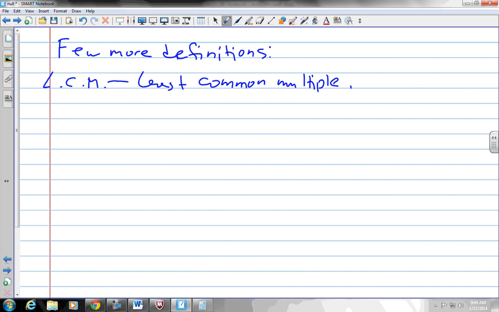So the definition: LCM of two integers, the least common multiple of two integers, is the smallest integer that is divisible by both.